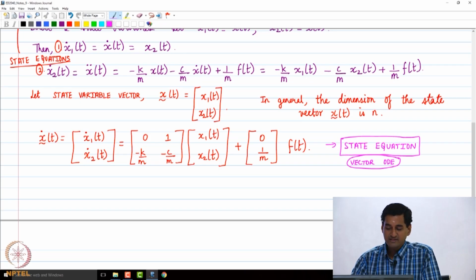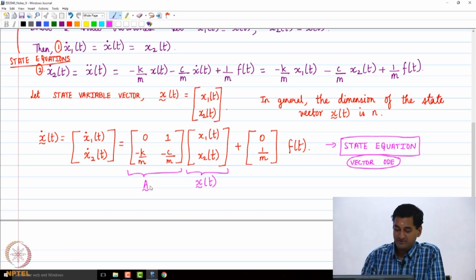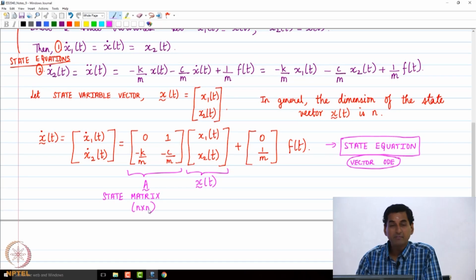Okay. So, in general what happens is that this column vector is my state vector x of t, and that is typically multiplied by a matrix A, which is called the state matrix. In general the dimension of the state matrix will be n by n.